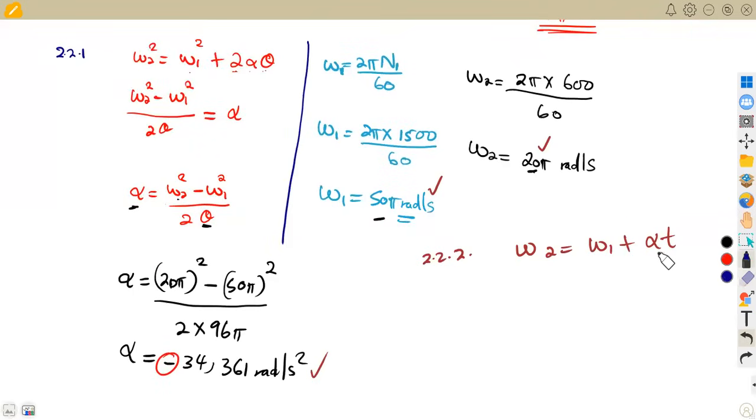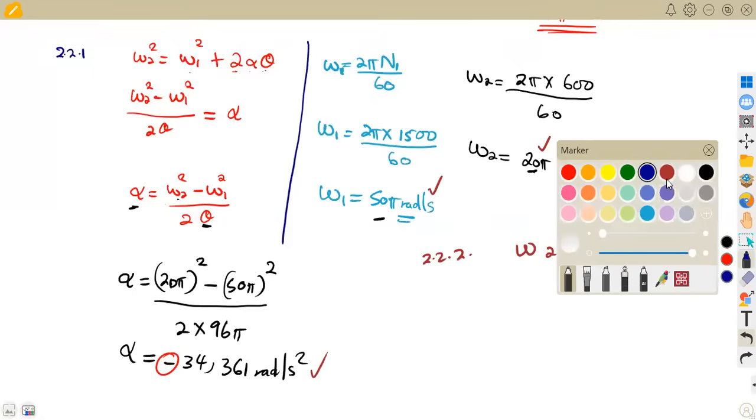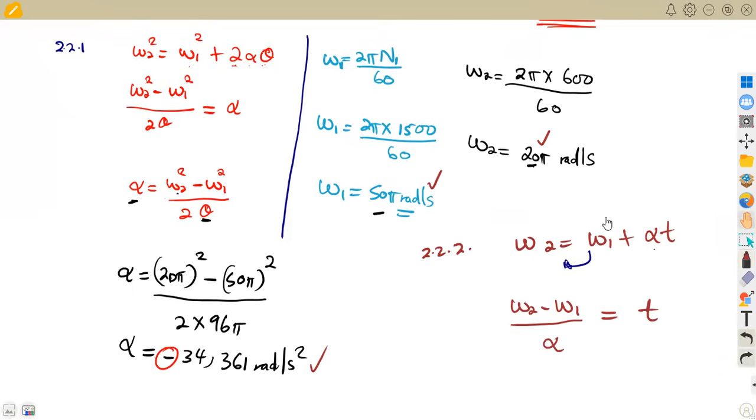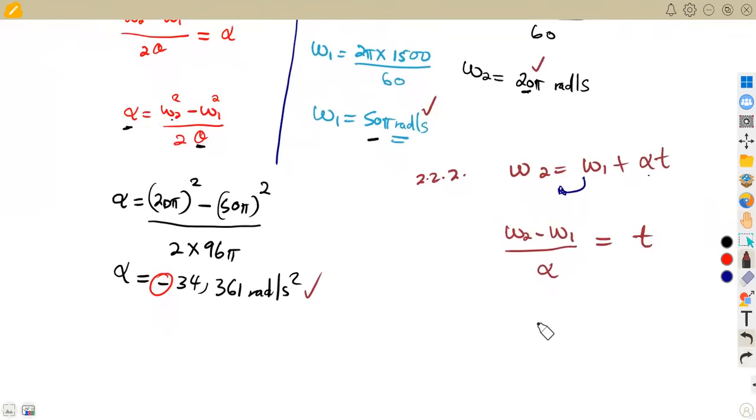We want time in this case, so we can make t the subject. So we are going to have t equal to omega 2 minus omega 1 divided by alpha. This is going to give us the value of time. You remain with alpha t, you divide by alpha, and we have all these values, so we are going to obtain our time.